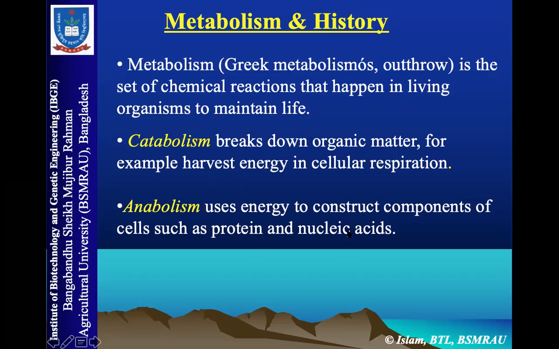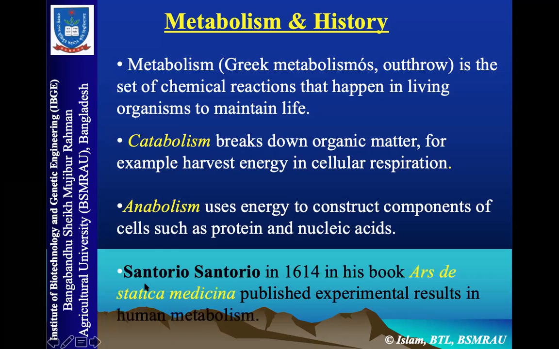That means small molecules are used to synthesize the big molecules. And in case of catabolism, big molecules break down into the energy. So these two groups of metabolism are going on in the cellular system all the time.